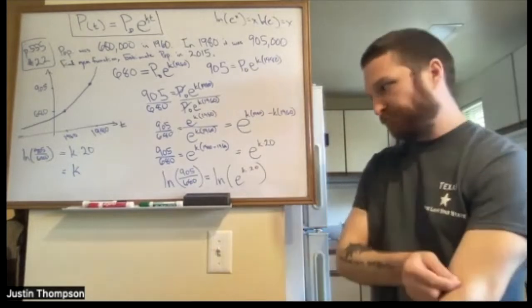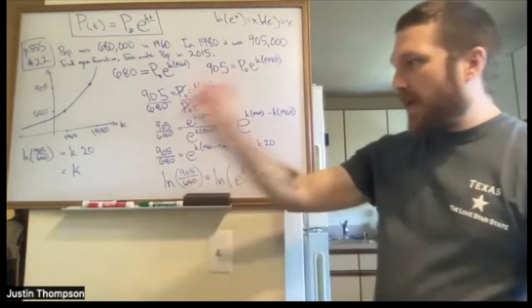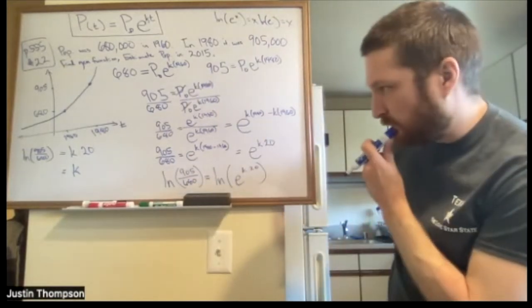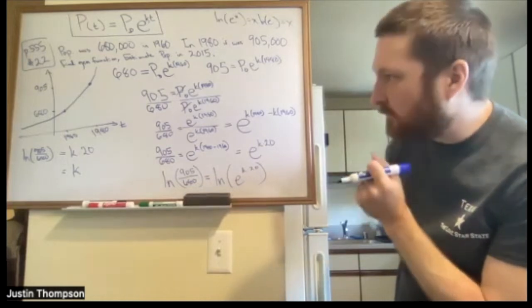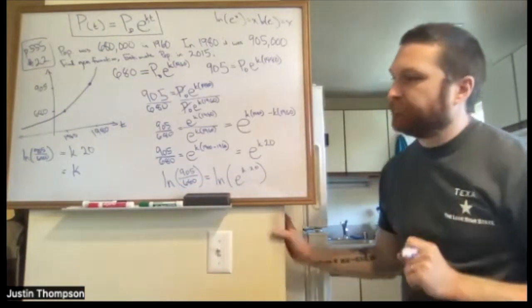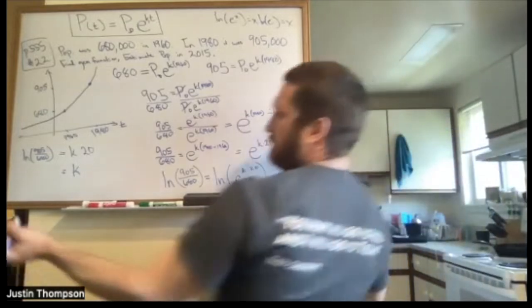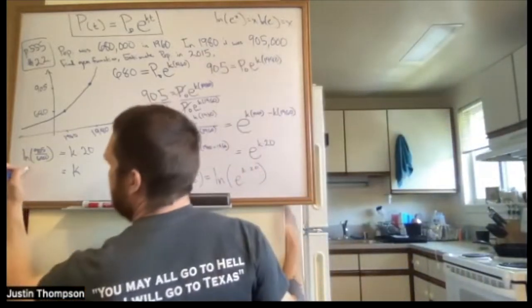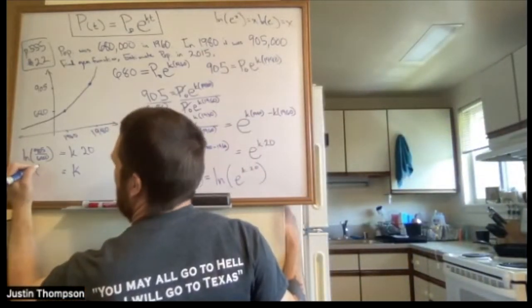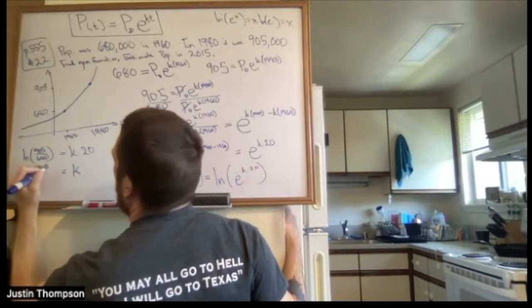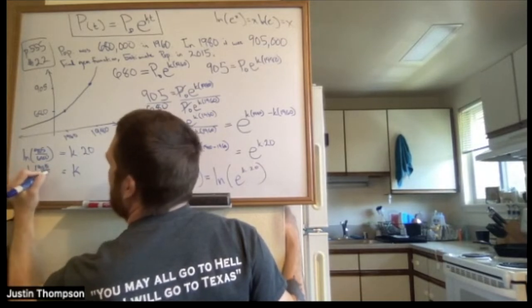They both work. And so K equals what? You just divide by 20. It's that simple. I say it's that simple, but it looks really messy.